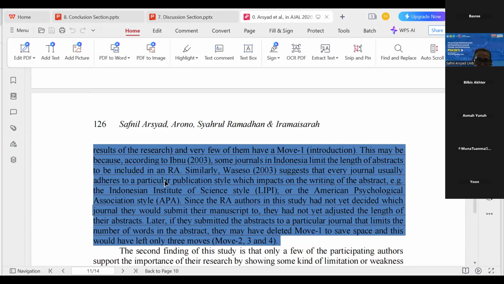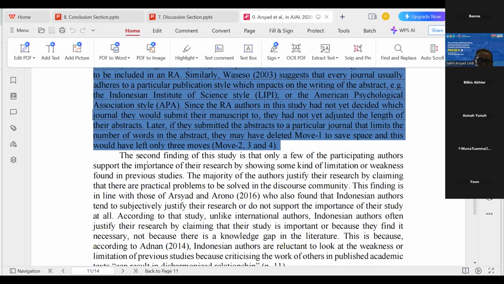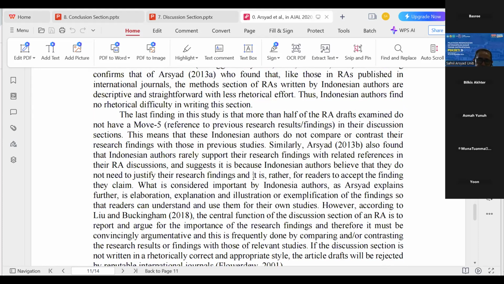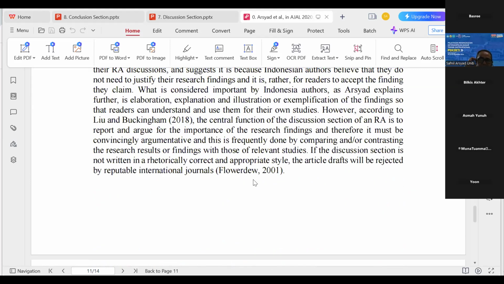And then, of course, I just give my opinion first, and then I have to support that idea with references. Okay, so this is the way to write the discussion section. And then I refer to the second finding, or the second research question, and then the third research question. So this is the way to write the discussion section.